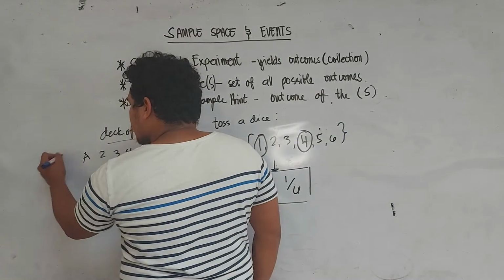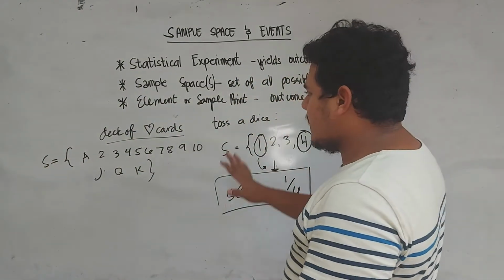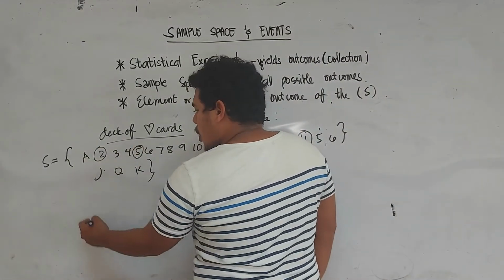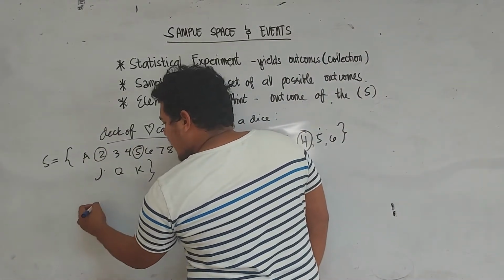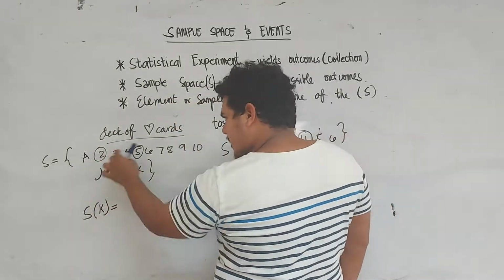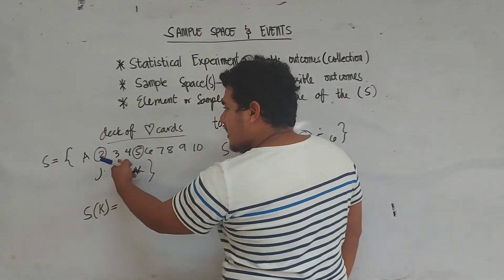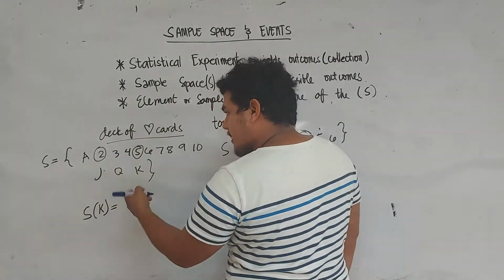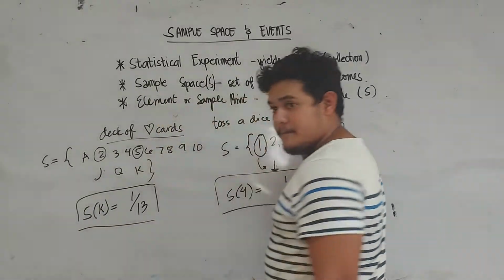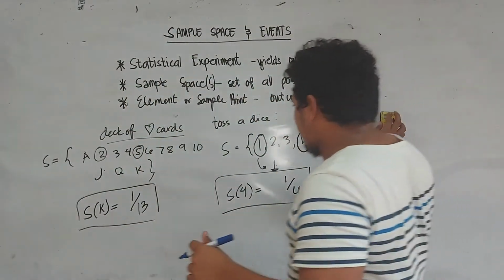This is what we call your sample space. How about the sample point or element? These individual cards. What is the probability of getting a king? How many kings do we have in the deck of heart cards? Only 1 out of how many heart cards are there in this deck? 13. That is our S of K. Understand? That is what we call an element or a sample point.